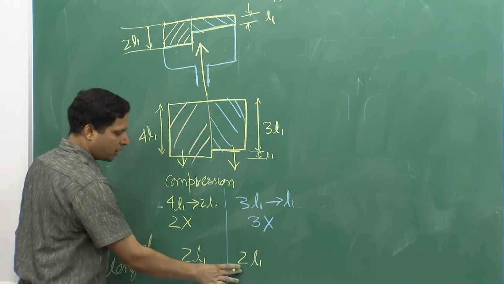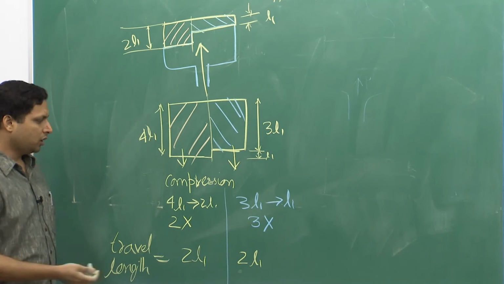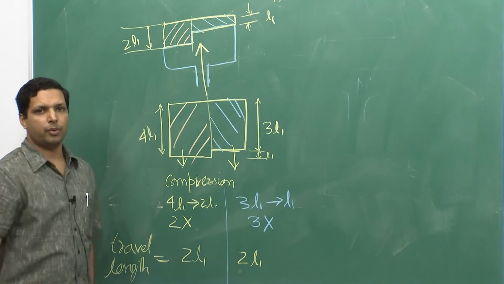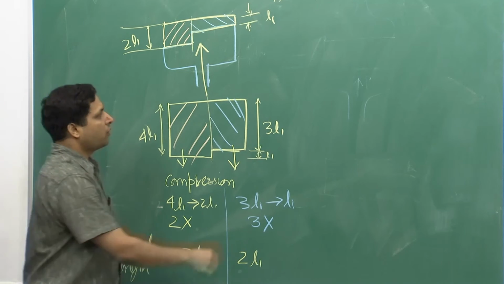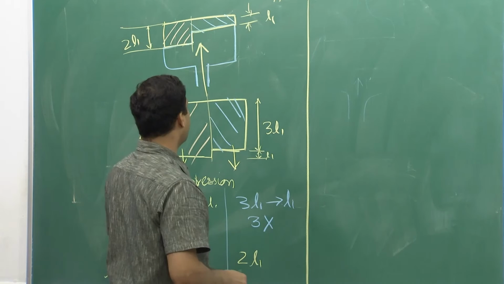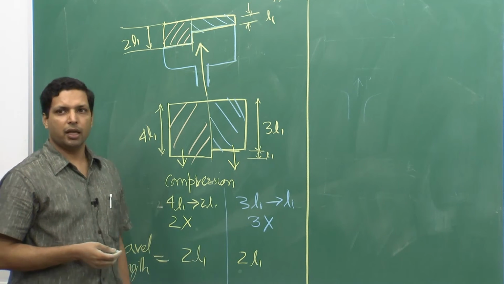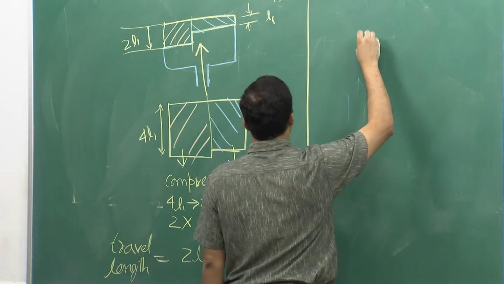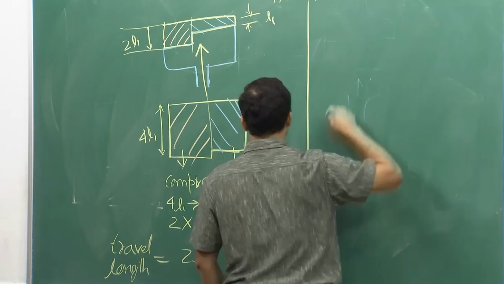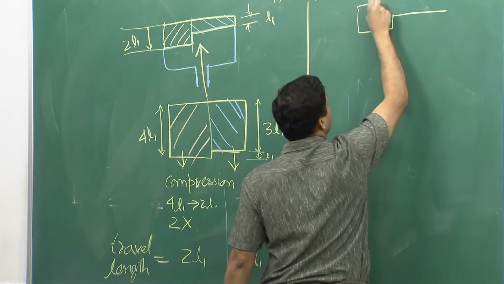Because of this limitation, where you have to have similar traverse length, we get different compression ratio. Now, if you want to improve it, what is the way? It is that you design your tool, that is your pistons, in a way that they can travel different lengths. So, let us again draw our shape that we were looking at.